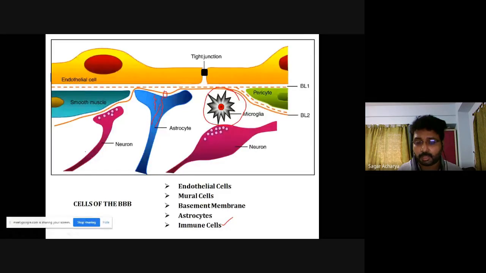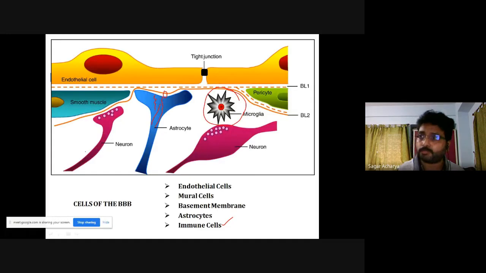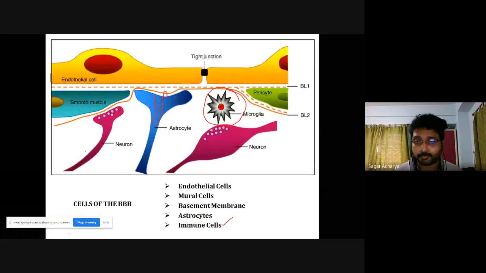Now, if you challenged me as to where these macrophages came from, because we are already saying that no leukocytes come through these tight junctions or paracellular regions, where do these leukocytes, these macrophages, come from?